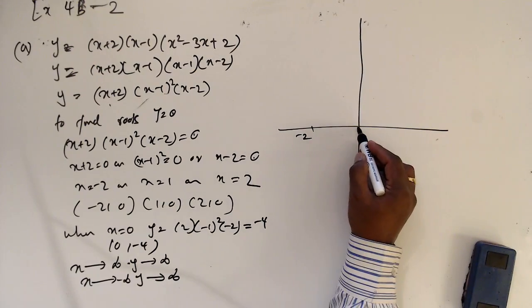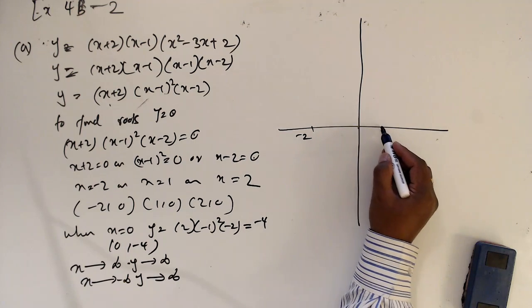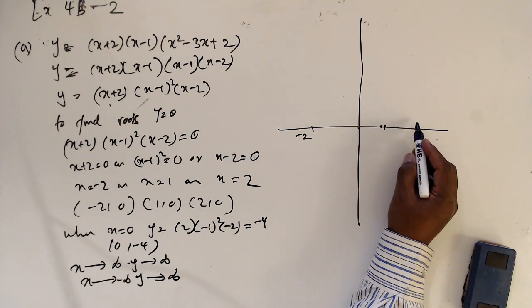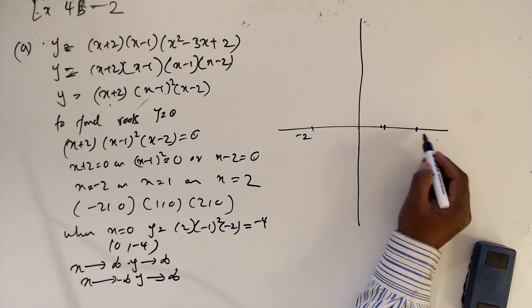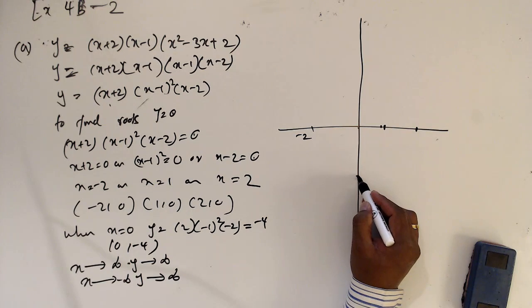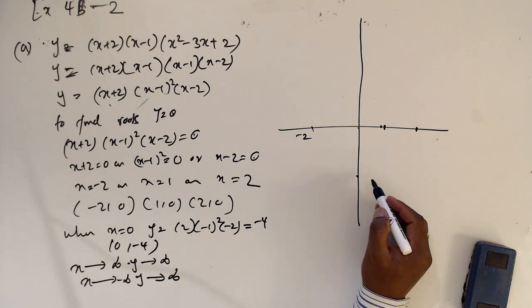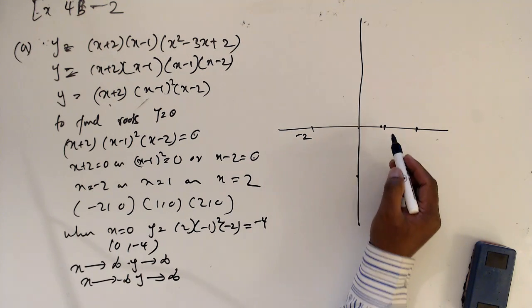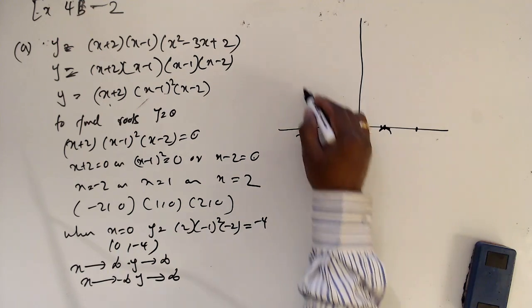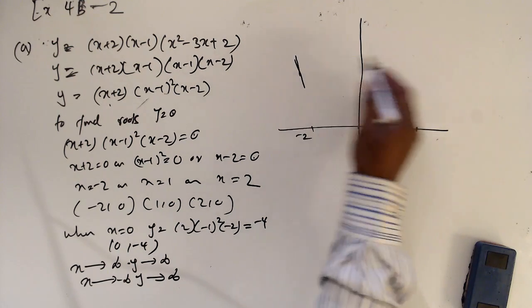Minus 2, 0; 1, 0; another one is 2, 0; and 0, minus 4. Which one is the repeated root? So we have to touch at this one. We have to start from here and end here.